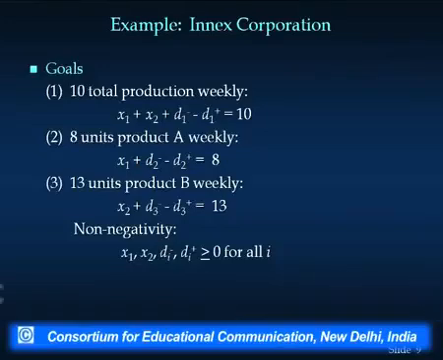So our objective function is now minimize P1 D1 minus plus P2 D2 minus plus P3 D3 minus, because all these deviations are to be minimized. This is our goal, and this is the goal programming formulation.